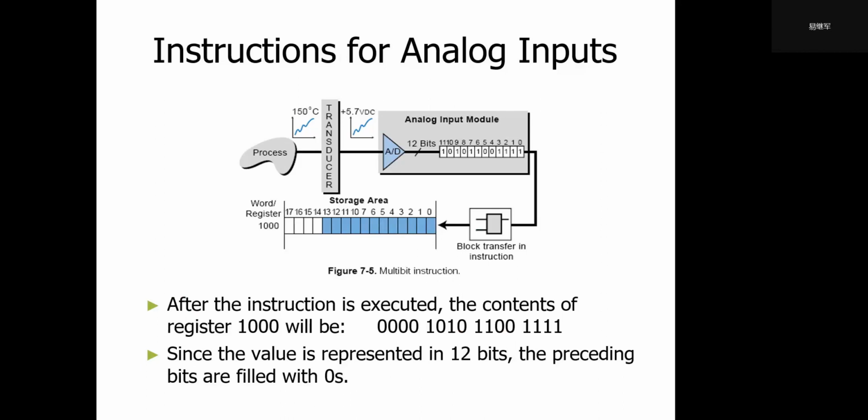After the instruction is executed, the contents of the register will be digital. Since the value is represented in 12 bits, the preceding bits are filled with 0.